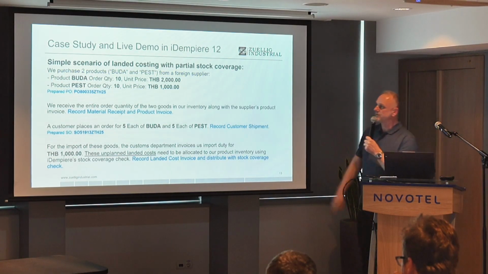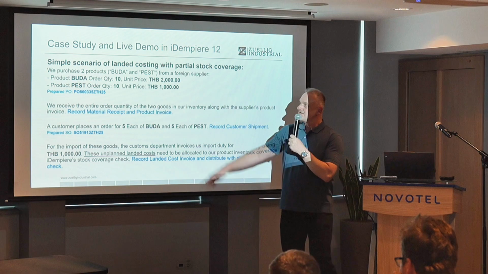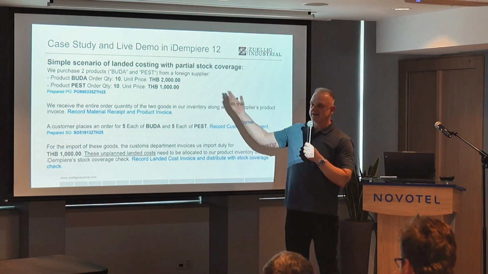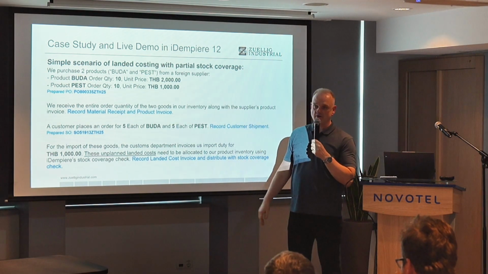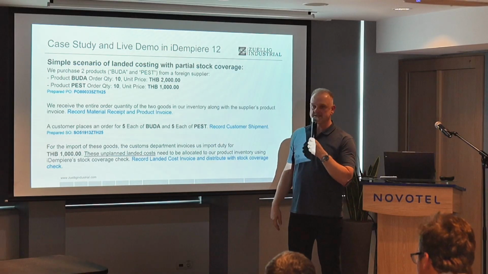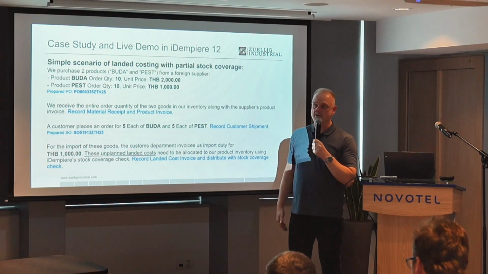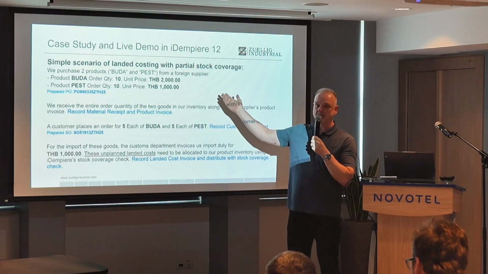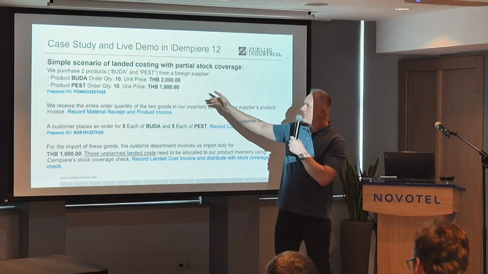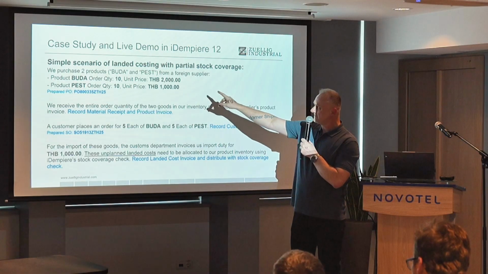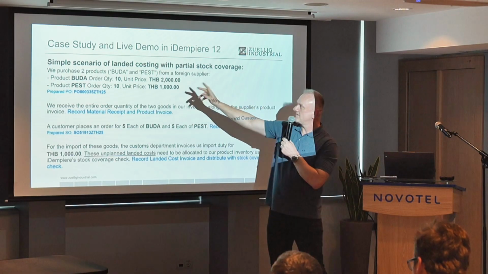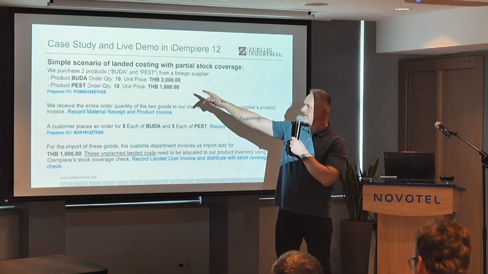Okay, so this would be my simulation here. So, you know, this costing topic, you can probably talk for days on end because it's such a complex discussion. There are so many scenarios, and this is just really an example I picked out here. So I have a PO with 2 products. One is called Buddha, the other one is Pest.